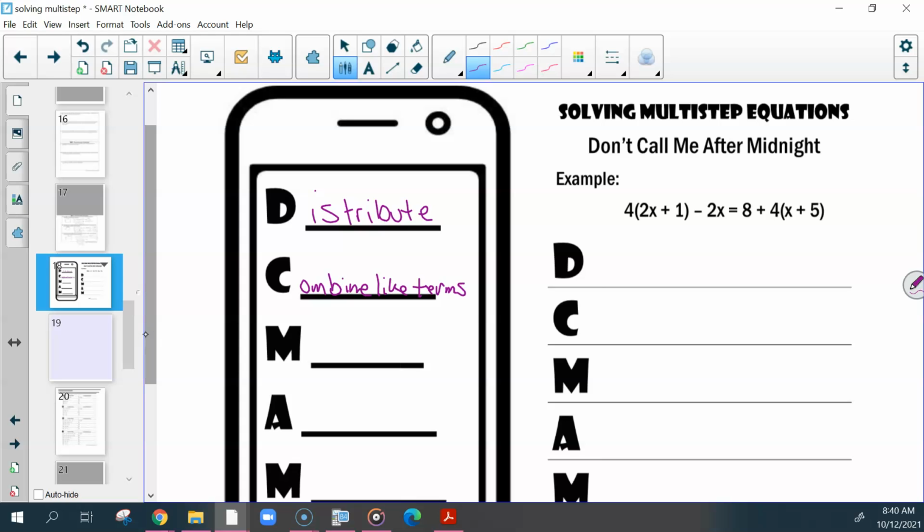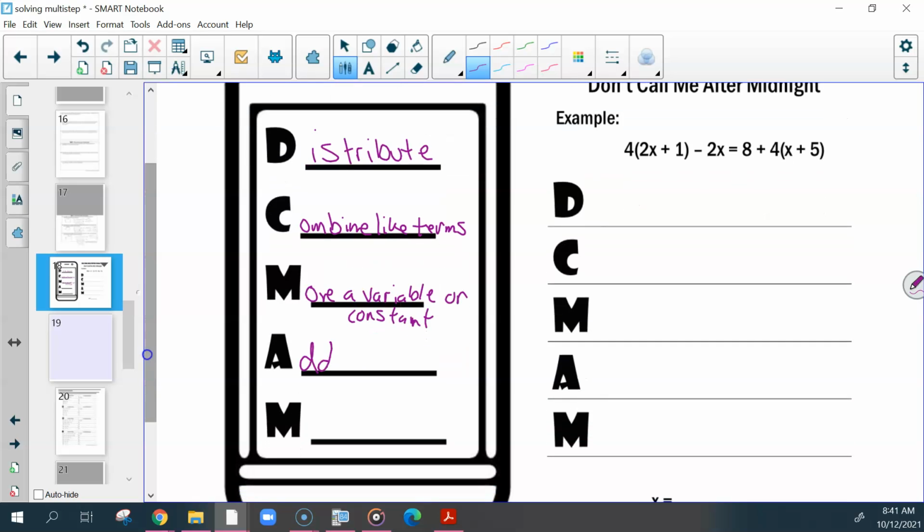The Me is for move a variable or constant. After is for add or subtract. And then the Midnight is for multiply or divide.